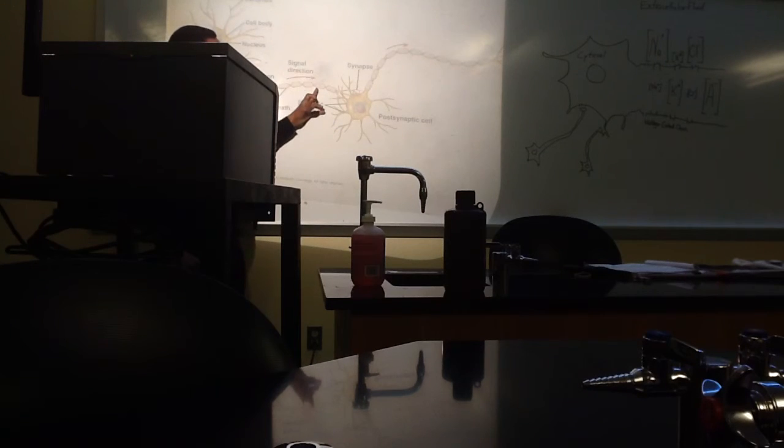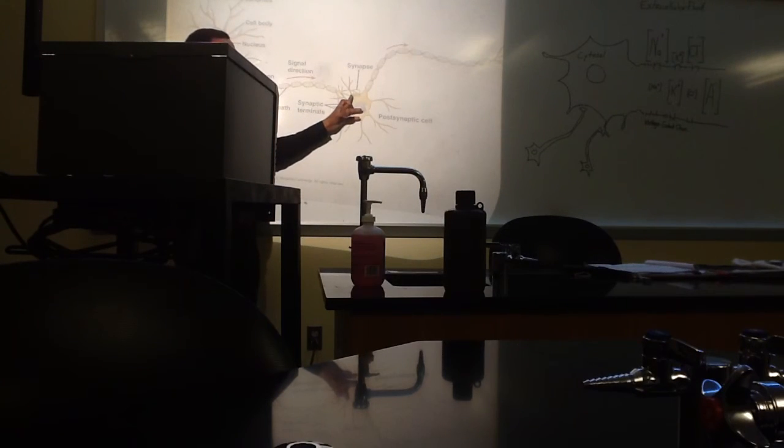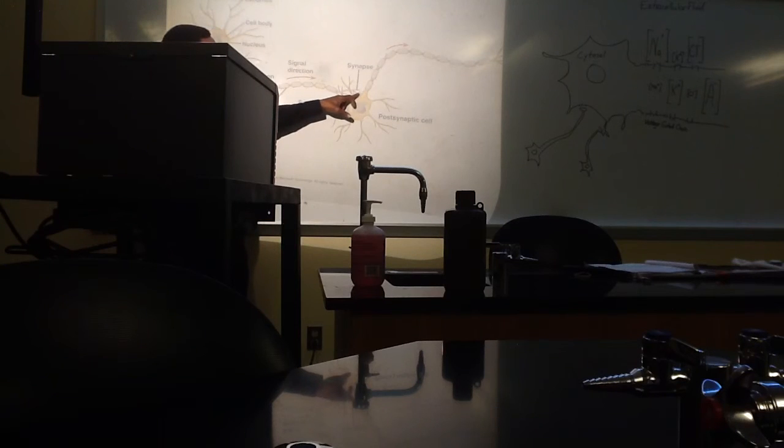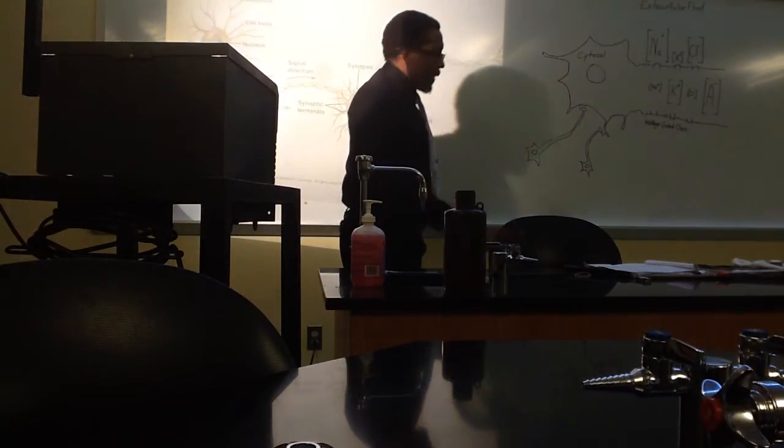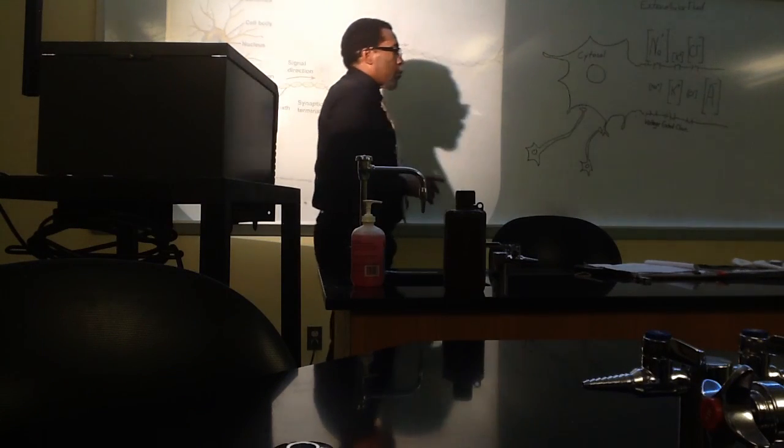The electrical changes cannot jump across that space called a synapse. The junction is a synapse. And we'll look more closely at the space in just a minute, but I want to give you the overall picture first.